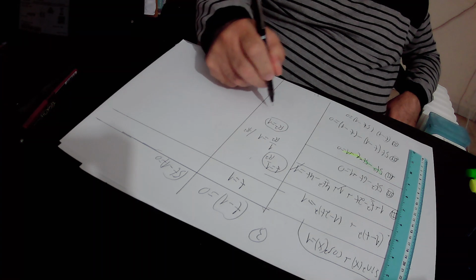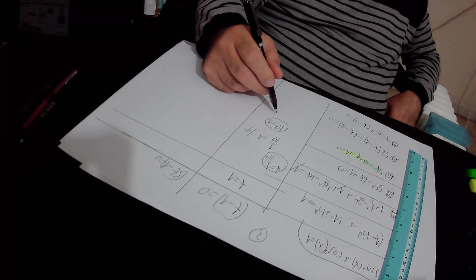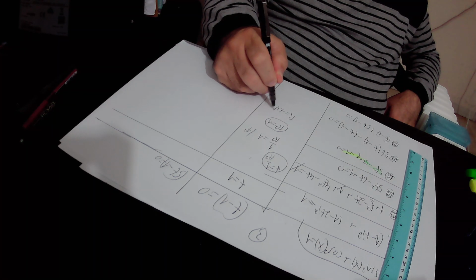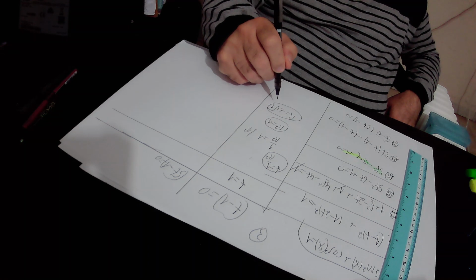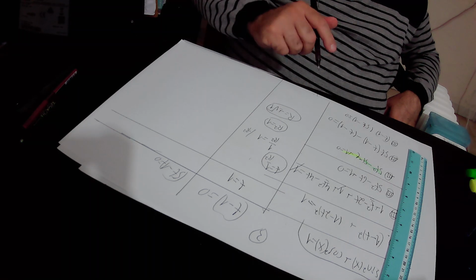We multiply this equation by r squared, and we get that r squared equals 1. Here we take a root of this equation, and we get that r equals plus or minus the square root of 1. The negative square root of 1 is minus 1.